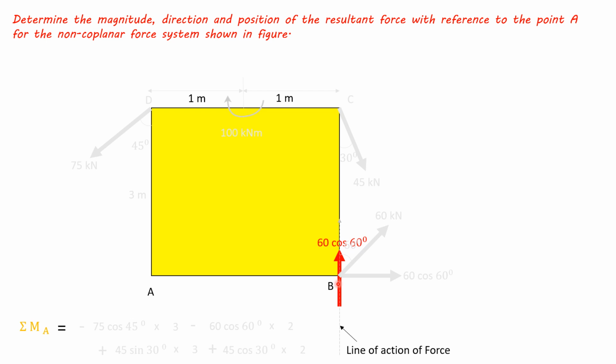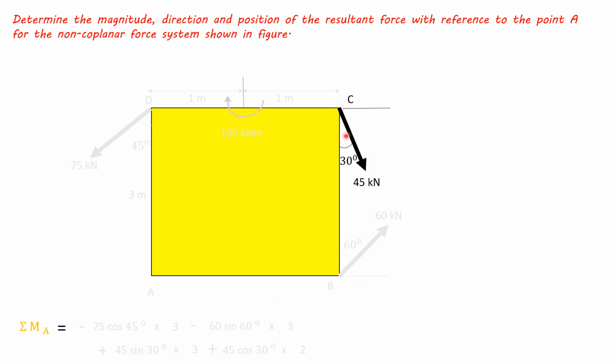Its line of action passes through point B, and it will have perpendicular distance of 3 meters from point A, and it will rotate about point A anticlockwise. So it will have moment of 60 cos 60 into 3.